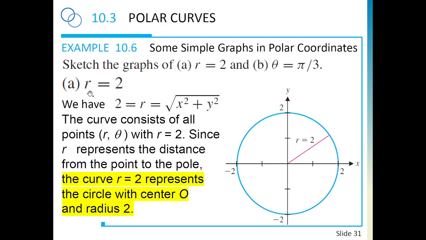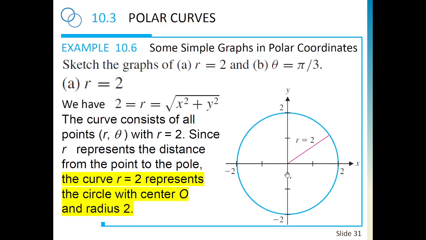So we have r equal to 2, and theta can spin and spin. These are all points that are at distance 2 from the origin, and we can spin infinitely many times. So this is a circle of radius 2 centered at (0, 0).